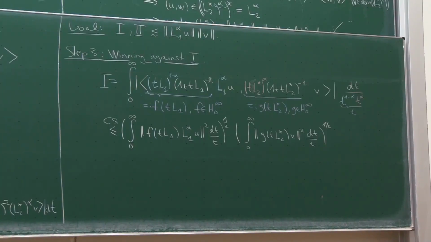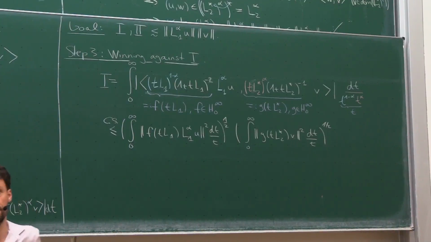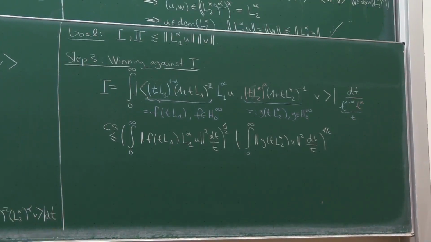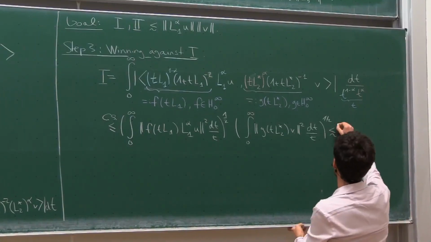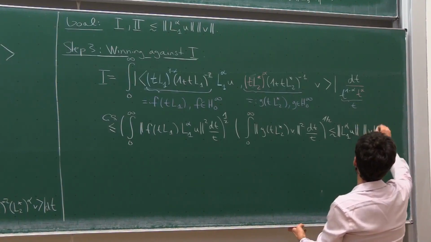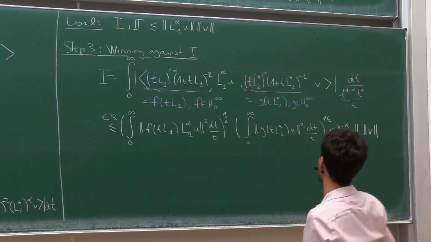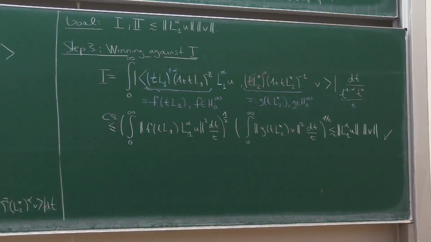These two guys are m-accretive operators, so they satisfy quadratic estimates. So I can apply quadratic estimates, and I bound the whole thing by the norm of L1 to the alpha u times the norm of v. And then I win against term 1. That's it.